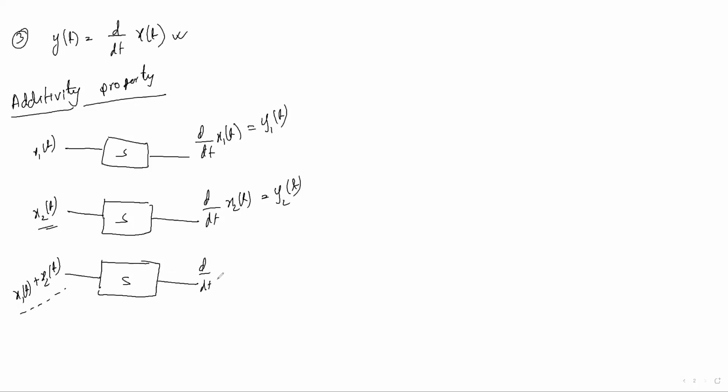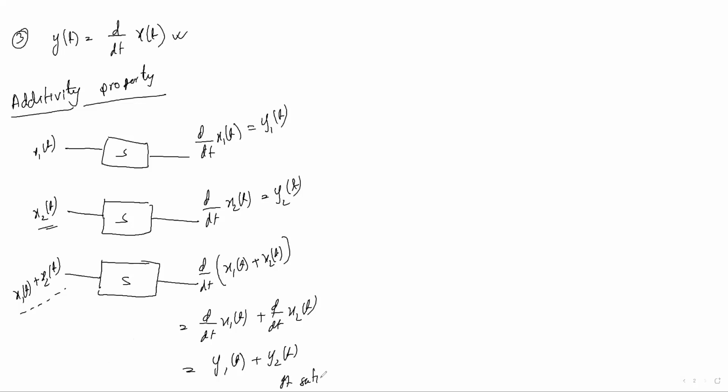Then d by dt of x1 of t plus x2 of t. If we break the differentiation, this is d by dt x1 of t plus d by dt x2 of t. So this is nothing but y1 of t plus y2 of t. So it satisfies the additivity property.